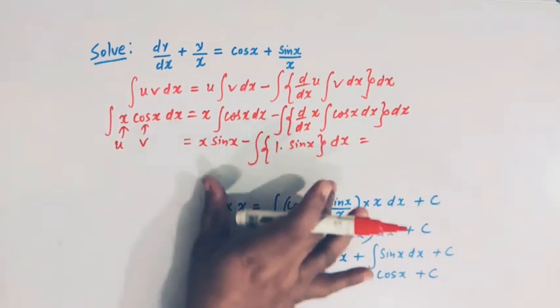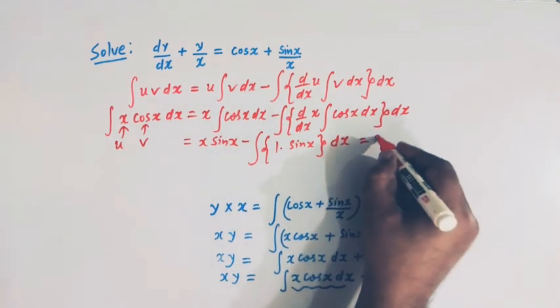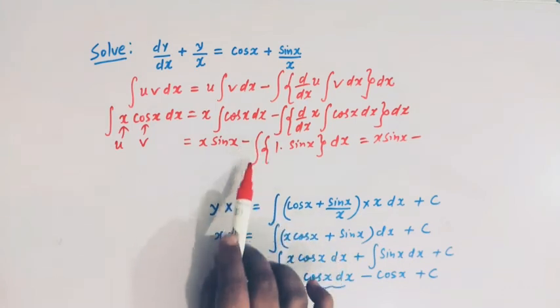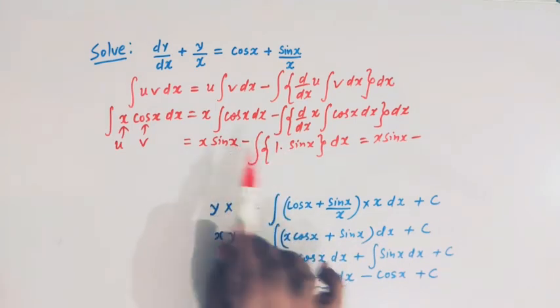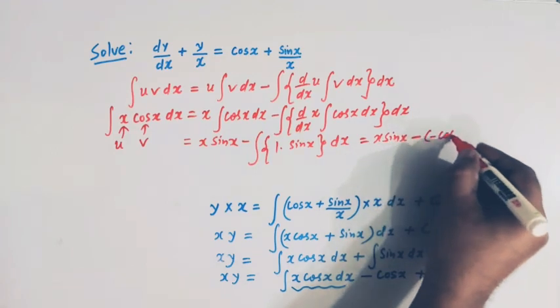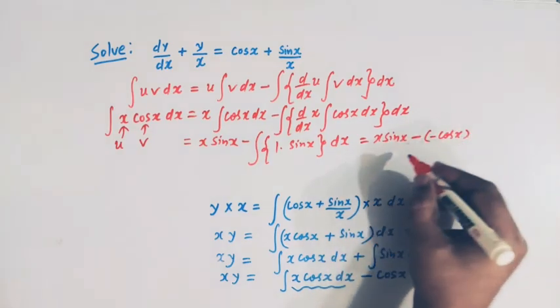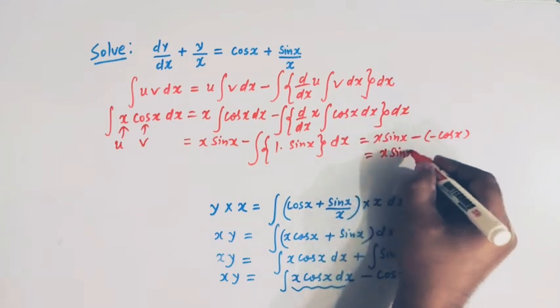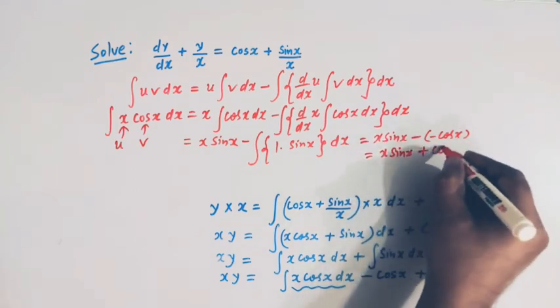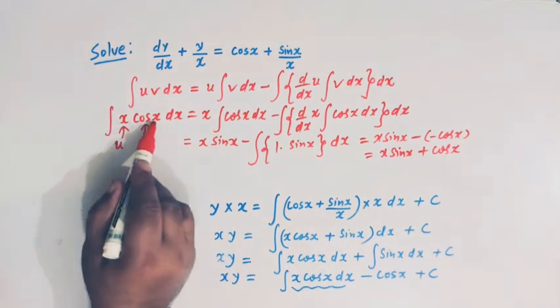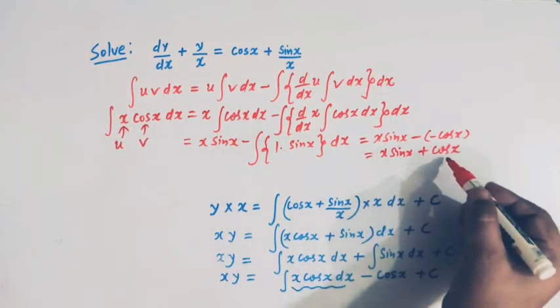So now we can further simplify it: x sin x minus, and the integral of sin x is minus cos x, so here we have minus minus cos x, and we can further write it as x sin x plus cos x, right? So the integral of x cos x is x sin x plus cos x.